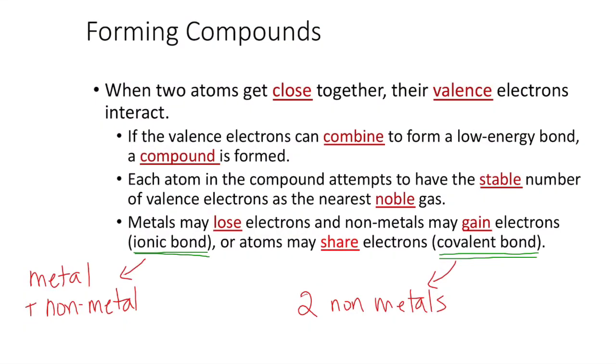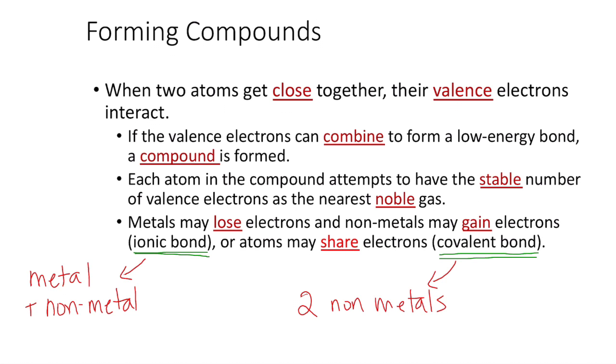Forming compounds. When two atoms get close together, their valence electrons interact. So that again is that outer shell of electrons. If the valence electrons can combine to form a low energy bond, a compound is formed. Each atom in the compound attempts to have the stable number of valence electrons, which is the same as the nearest noble gas.